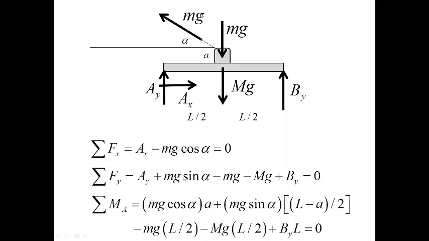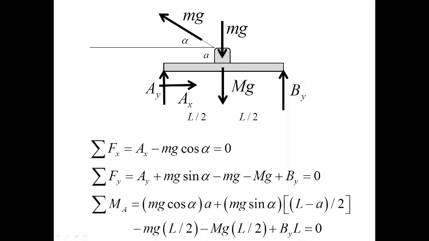Now, the tension force, mg, produces two terms. The first term is due to a horizontal force, mg cos alpha, and the moment is positive, and the arm or the vertical distance is equal to a.